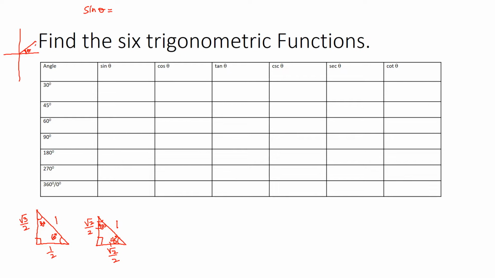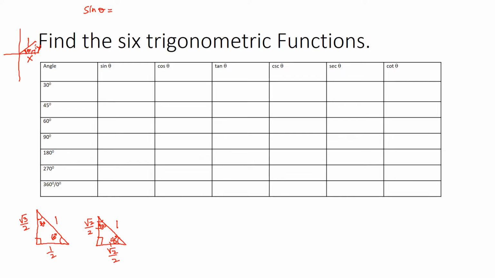And we are trying to form a right triangle here, in which opposite to that angle is always going to be the value of y in the coordinate, and adjacent side to that angle will always be our x. And the hypotenuse will always be a 1 if that is on a unit circle.